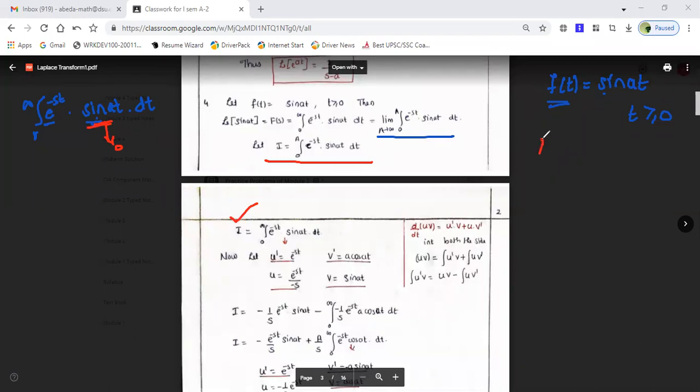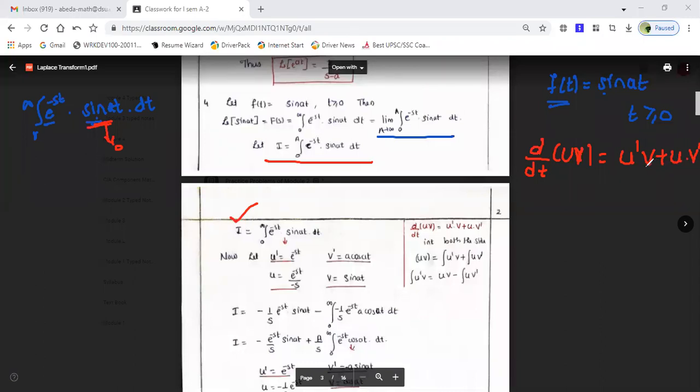You know the differentiation of two functions, say d by dt of u into v. How do we do this? The differentiation of the first function, second function as it is, plus the differentiation of the second function, first function as it is. That is u dash v plus u into v dash. This is how we differentiate it.